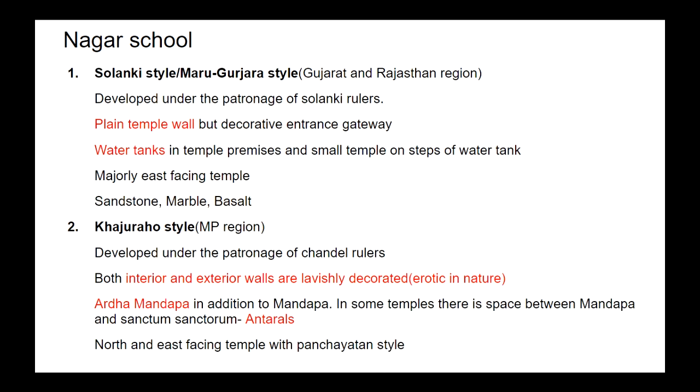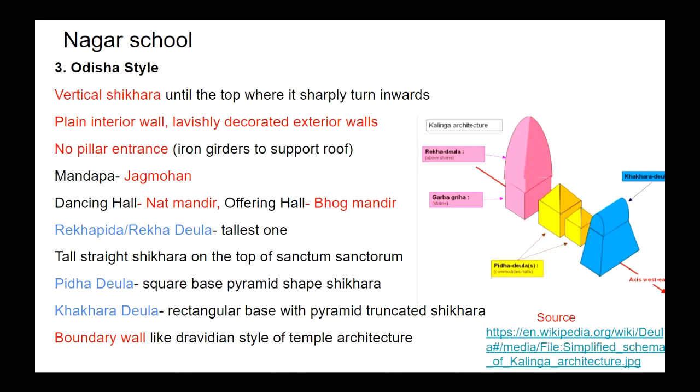So you need to remember the difference between Solanki, Khajuraho, and Odisha style temple architecture. In Solanki, the temple wall and pillar were plain in nature, but in Khajuraho, both temple wall, both interior and exterior, lavishly decorated. But in Odisha school, exterior walls were decorated, but interior were plain.